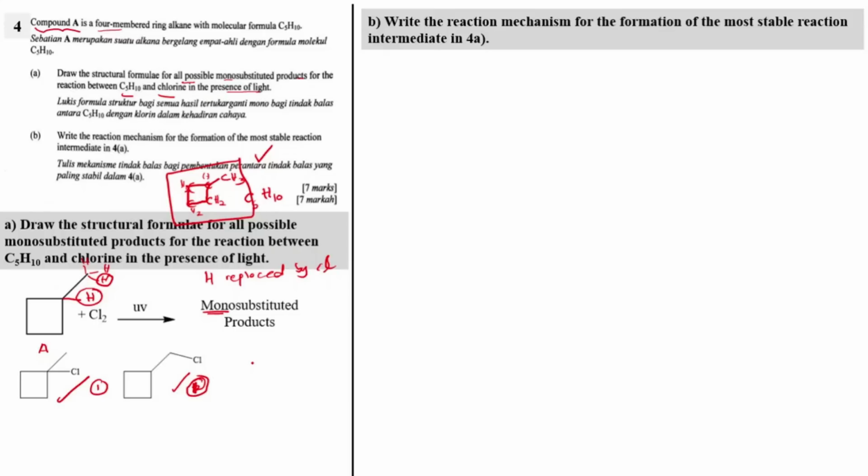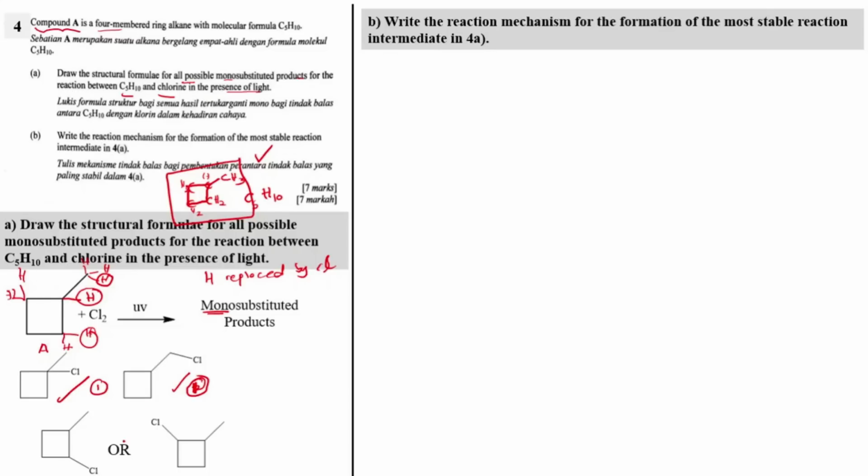And then another possibility is at this position, because we have hydrogen here, or here, or here, or here. Because it is symmetrical, you can choose this side or that side. So Cl is going to be here, or I can choose the other side, so my Cl can be on the top side here.